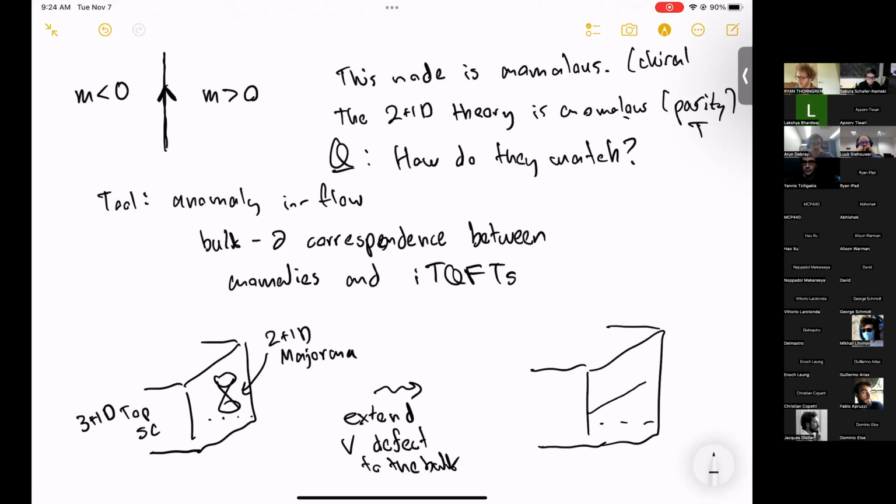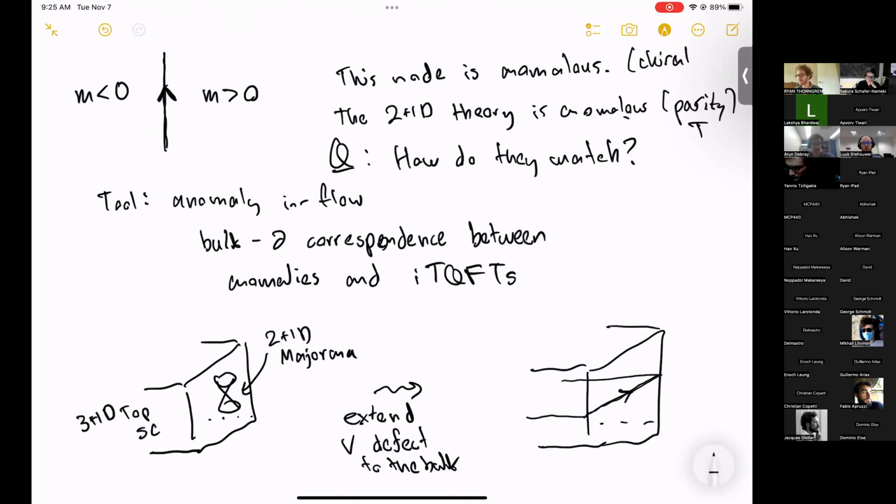So for instance, here's our domain wall with its chiral mode, where we broke time reversal by having positive mass, say, above the domain wall, negative mass below the domain wall. Maybe I should have drawn it vertically. If you think about adding an extra coordinate to the V defect, it's still the V defect, right? You're just adding coordinates that the profile doesn't depend on. So if you extend the time reversal breaking to the bulk, you get a V defect in the bulk.